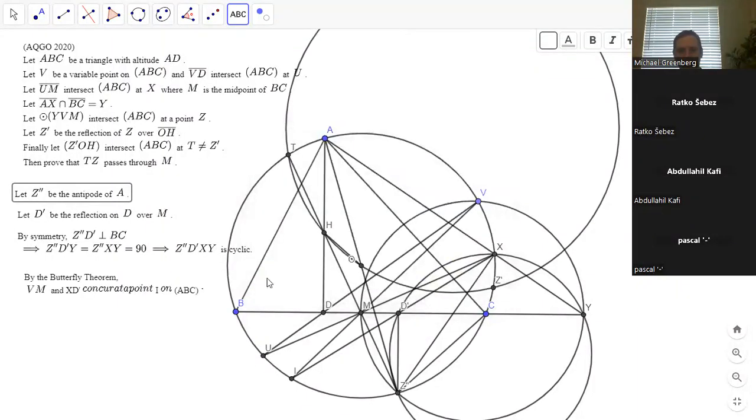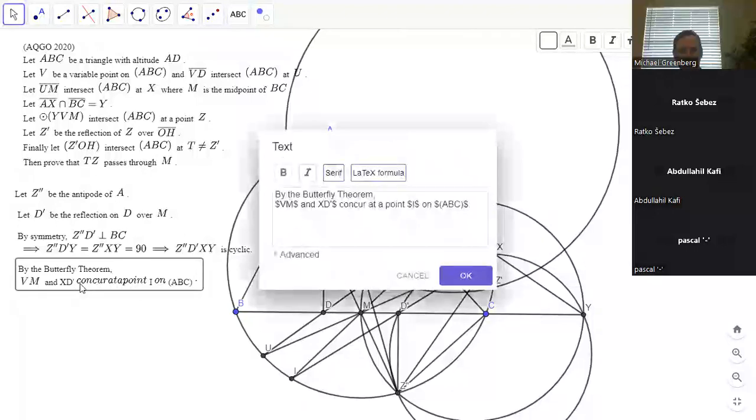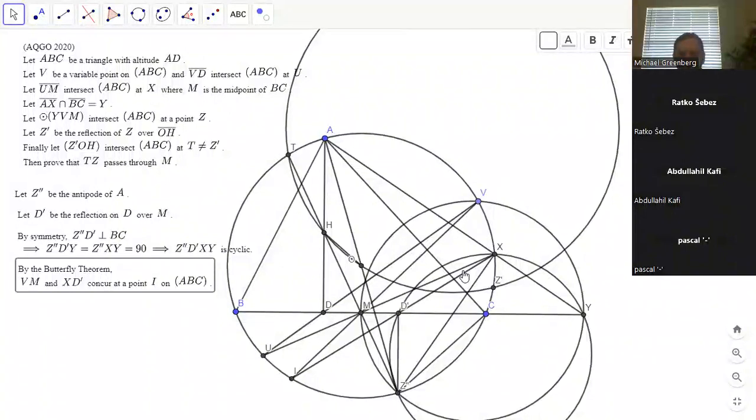And here it's just angle chasing. We want to show that this is cyclic, which will show Z double prime equals Z. And that is an angle chase. Hold on one sec.